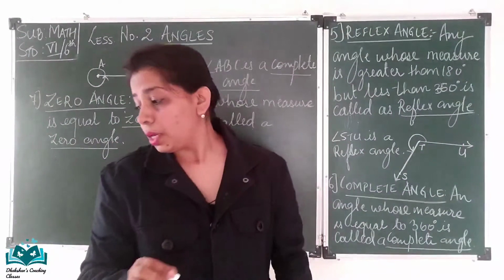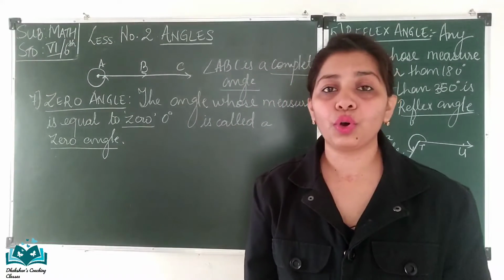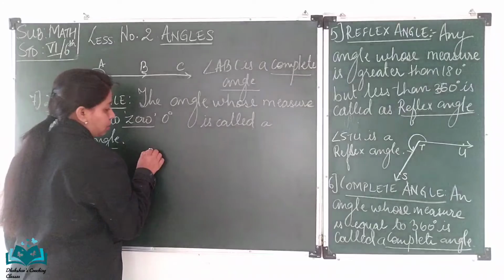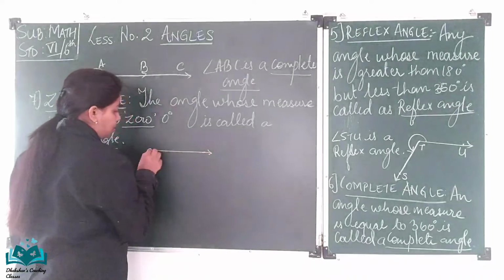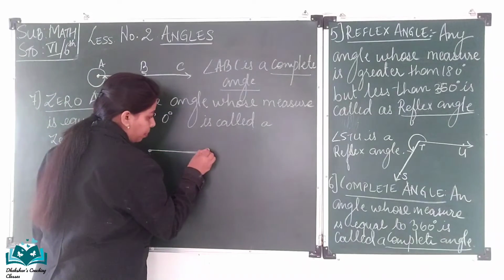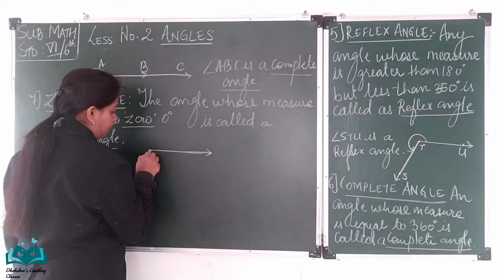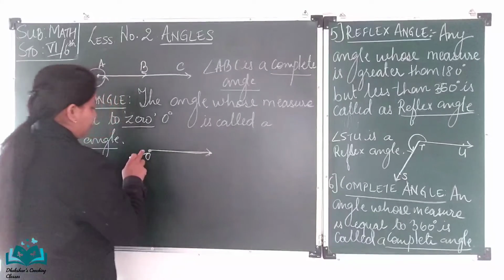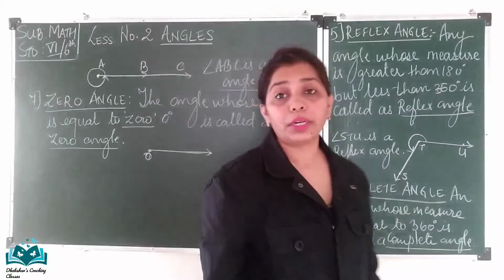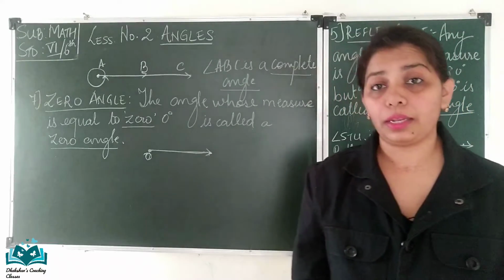Okay, so an angle whose measure is 0 degree is called as your zero angle. So this is your point. Angle O, the measurement is what? It is 0. So it will be only a straight line.